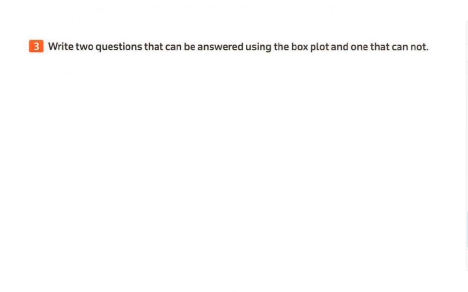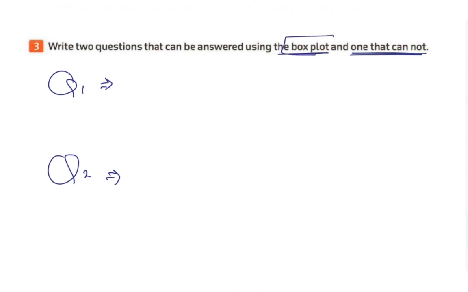Write two questions: one that can be answered using box plot, and one that cannot. I need two questions. The first question, if I need to answer it, I will use box plot.